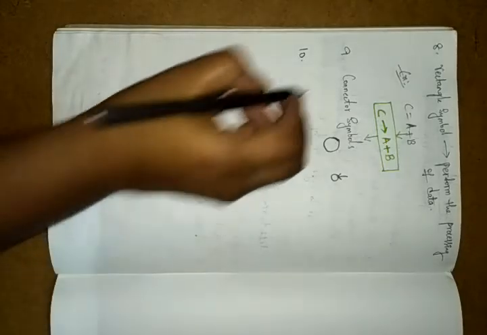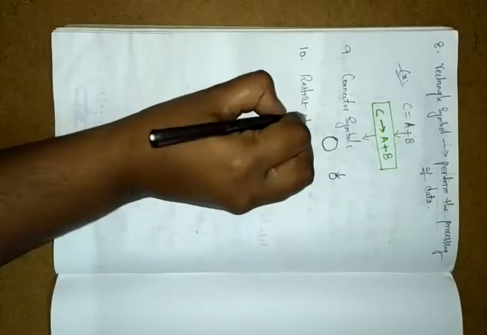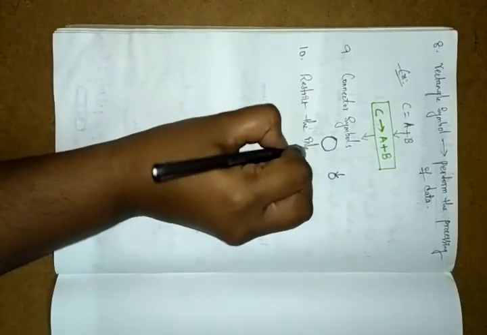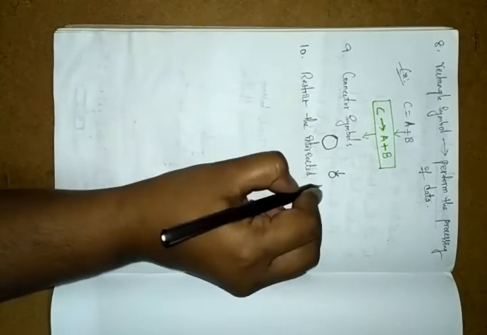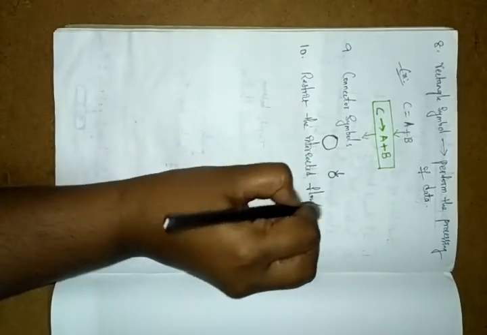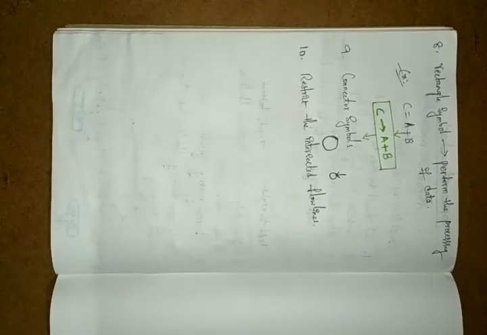Otherwise the flowchart will not be effective. So when you restrict the intersected flow lines, our flowchart will be more effective.